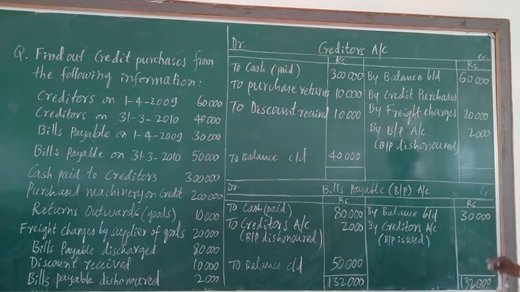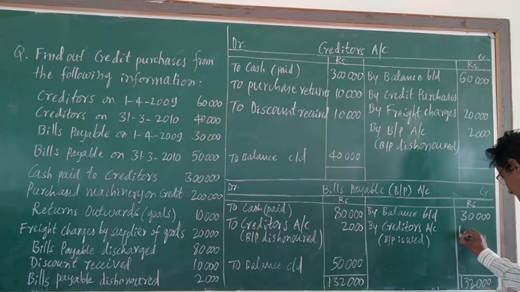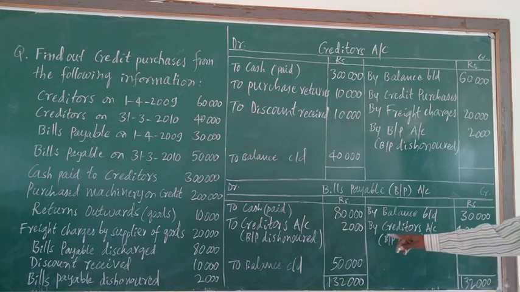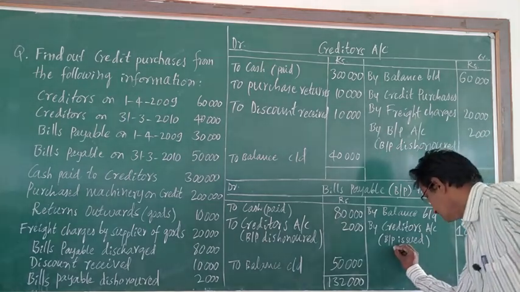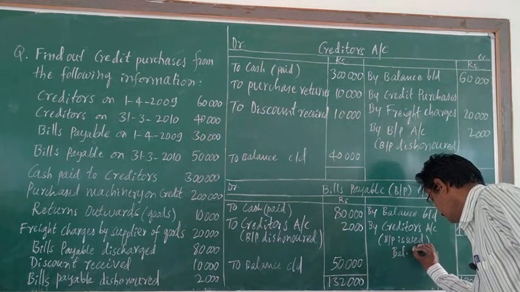If 30,000 is deducted from 1,32,000, the difference is 1 lakh 2,000. This is the balancing figure and it is bills payable issued during the year. So we write by creditors account for bills payable issued.